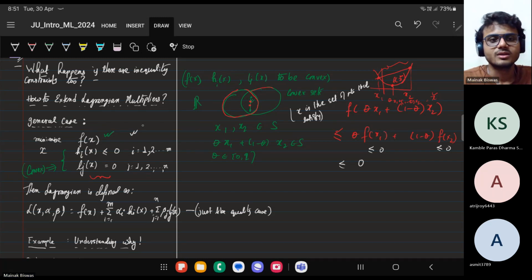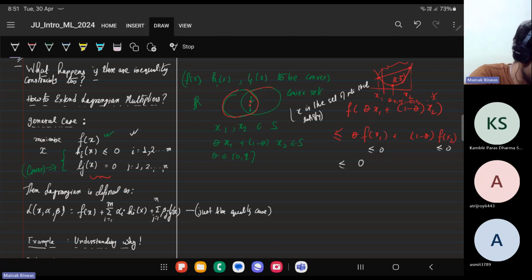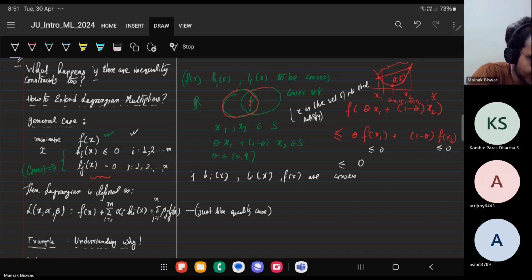So then it is a convex set, if your f's are convex, these are convex functions. If hix and lix are inequality, lix and fx are convex functions, then a unique minima exists, right?